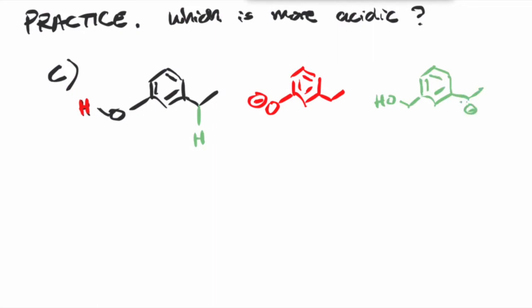Whereas if the green hydrogen was deprotonated, this would be your conjugate base. All right, so which one is better at stabilizing? Hopefully you said the red structure is more stabilized. That's because the negative charge is on oxygen, which is better than in the green structure where the negative charge is on a carbon. In fact, we are using the atoms effect here.